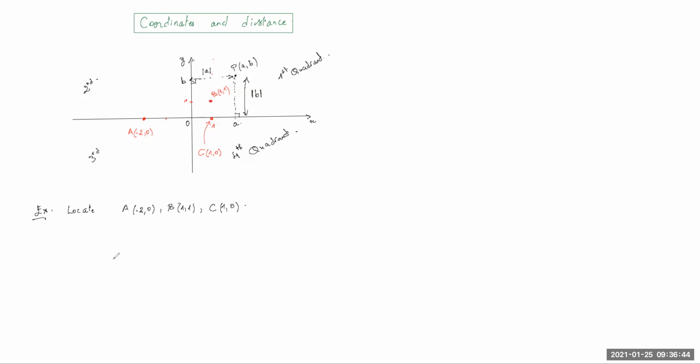Now another question. Find the middle point of a line segment, for example AC. Let's call the middle point M. We add the coordinates of A and C: XA plus XC over 2, and YA plus YC over 2.